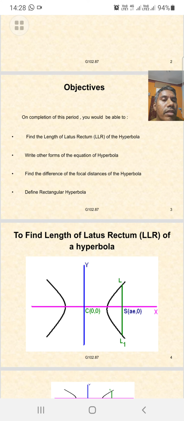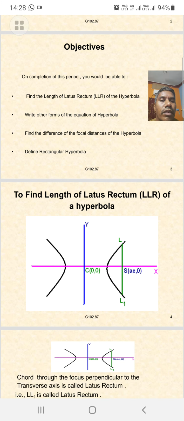So in the exam, without giving the eccentricity, he can give the question as a rectangular hyperbola. Rectangular hyperbola means we have to understand its eccentricity is root 2.